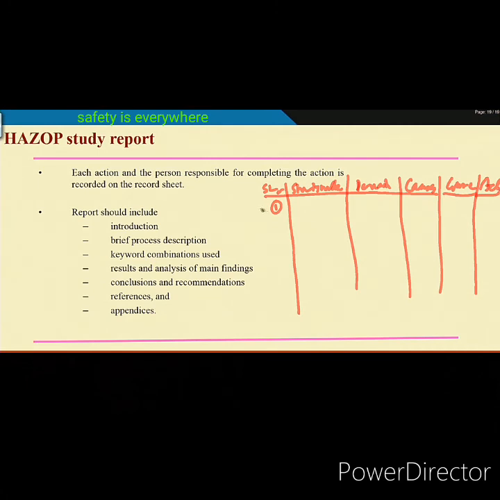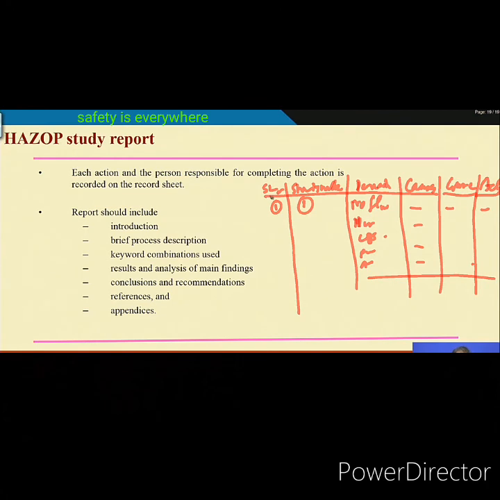So if I say study node 1, serial number 1, study node may be that pipeline, then your deviation, if we say this is no flow, then you have seen the causes, you have seen the consequences, you have seen the action required. Again study node 1, that is more flow, less flow, part of flow, as well as all those things you use, and finally, for study node 1 we have discussed all those things, what are the causes, consequences and their actions.